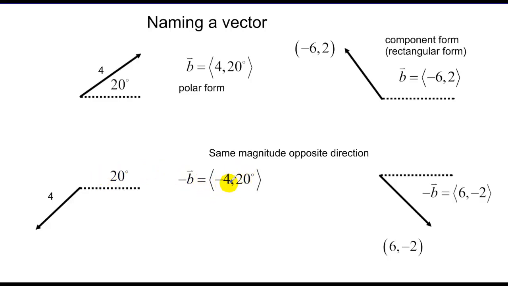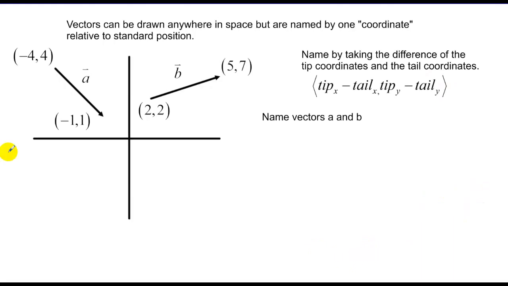We kind of multiply that through, and that's 180 degrees in the other direction. Likewise, if I have this vector here, negative 6 and 2, in the opposite direction, negative b, we take the opposite of those two lengths.